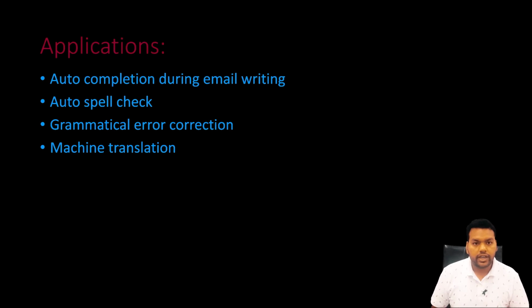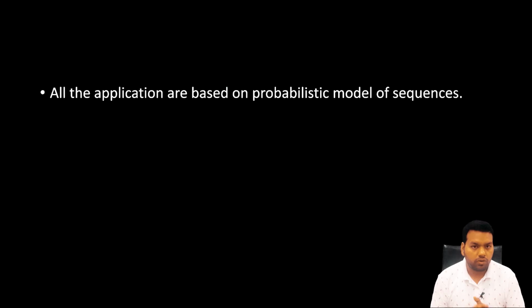As we know, in our daily life we encounter applications like auto spell check, grammatical error correction, machine translation, and auto completion during email writing, when we write emails in Gmail or Yahoo. All four of these applications which we face daily are based on probabilistic models of sequences.